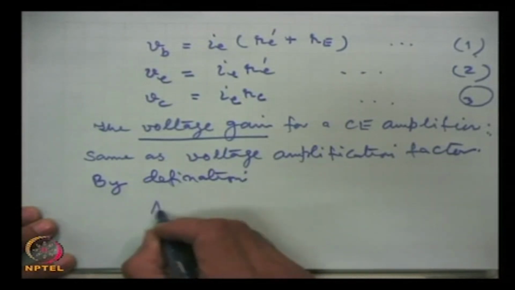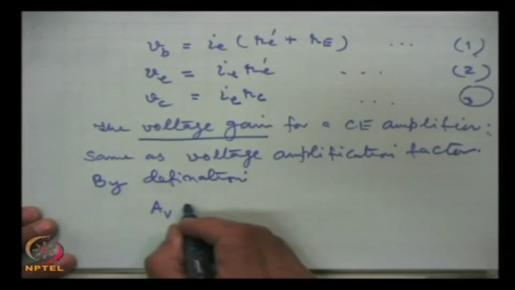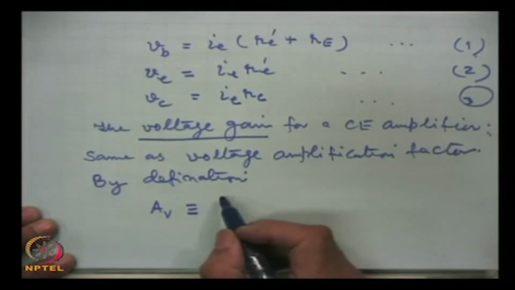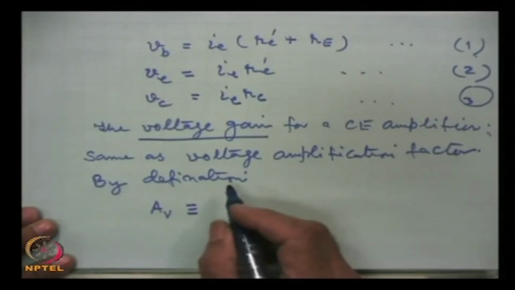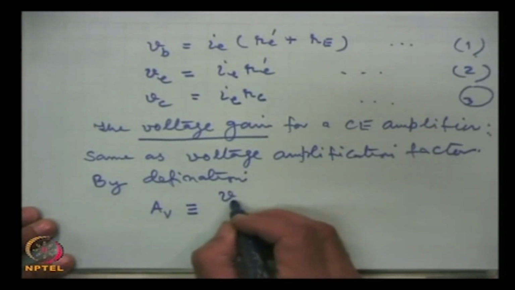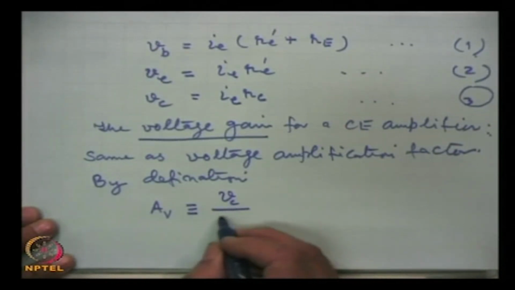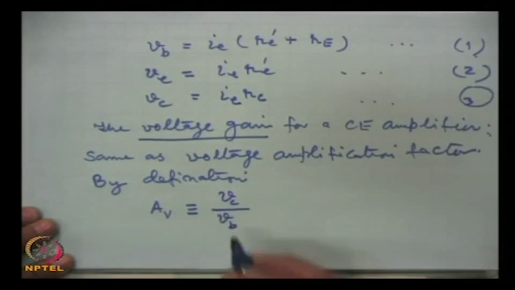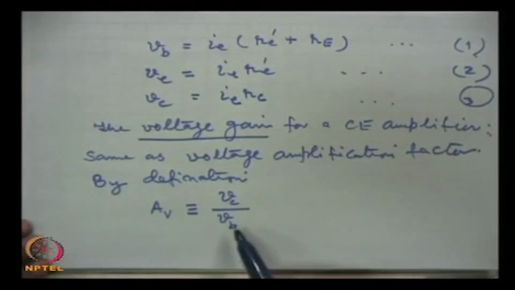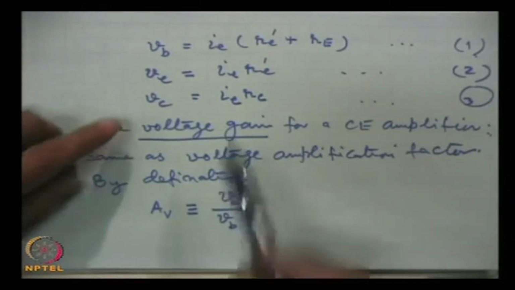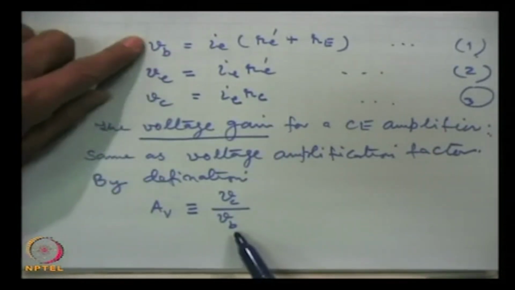By definition this is written as Av, and this is output voltage to the input voltage, and you will recall that output voltage is Vc and input voltage is Vb. Now, the value of Vc is here, the value of Vb is here.